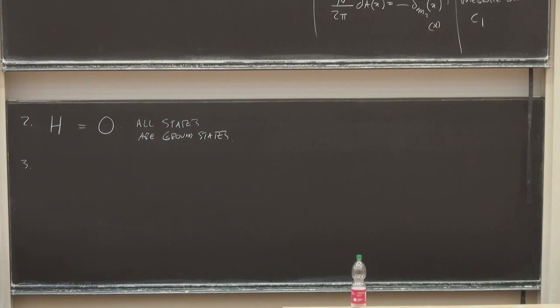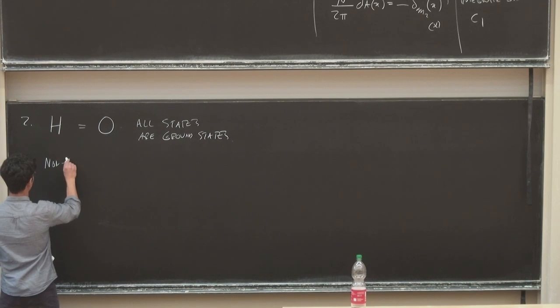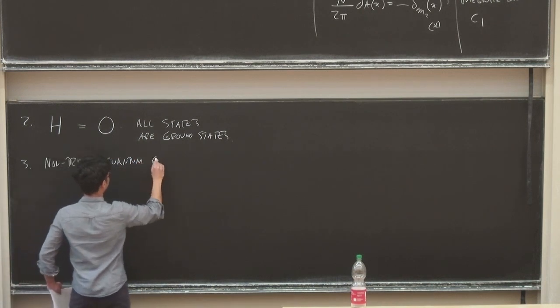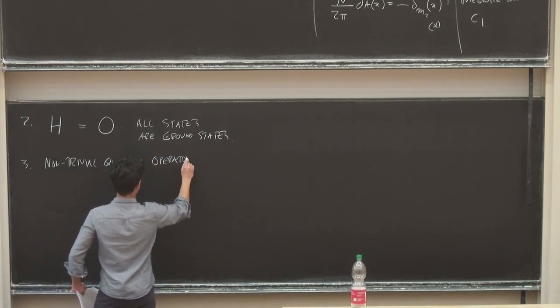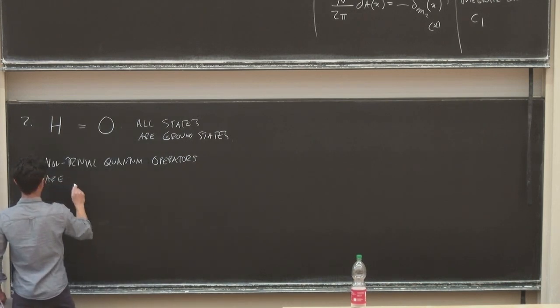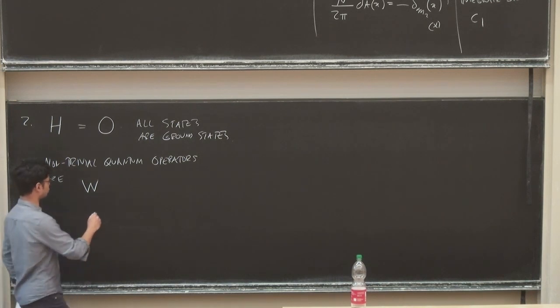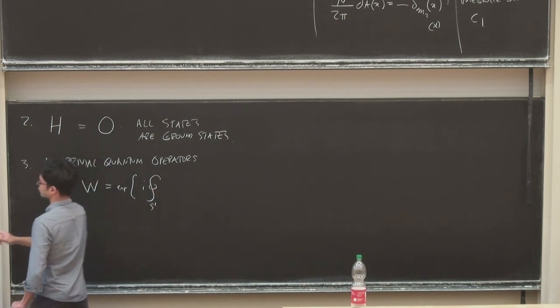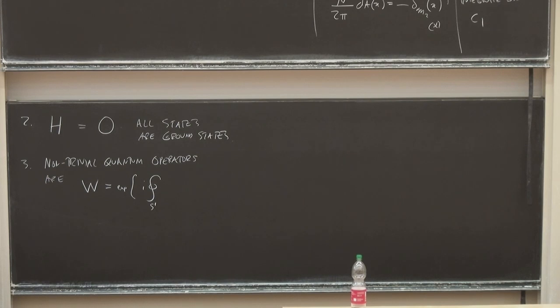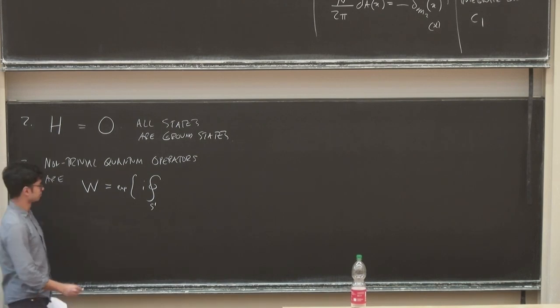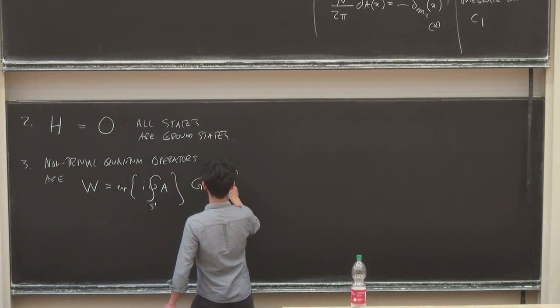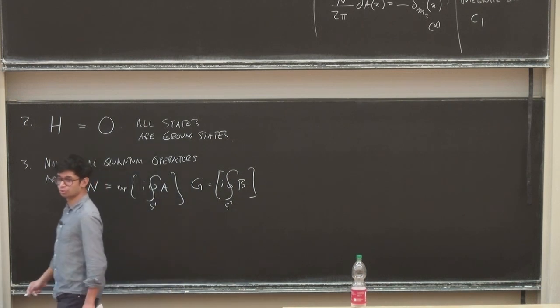So the only non-trivial quantum operators are W, I'm just calling it W because there's only one of them, which is the integral over S1, the only S1 we have, of A, and G, which is the integral over S2, the only S2 that we have.